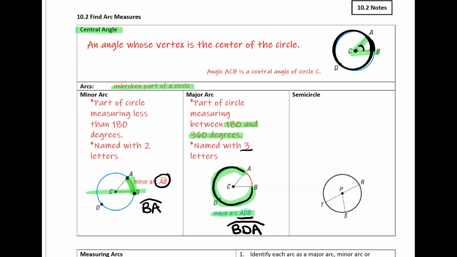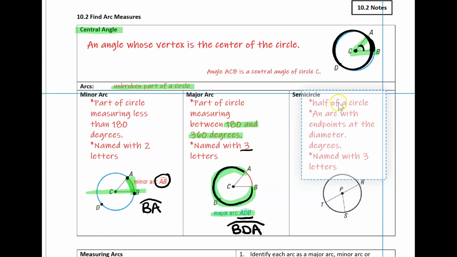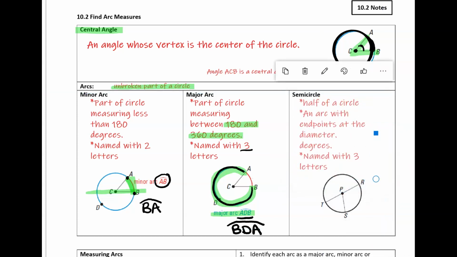And next is something that you should know, a semicircle. Now a semicircle is just half of the circle, so it's half, and it's an arc with endpoints at the diameter. So here is T, here is R. Those are endpoints of the diameter. Now, this one is also named with three letters.